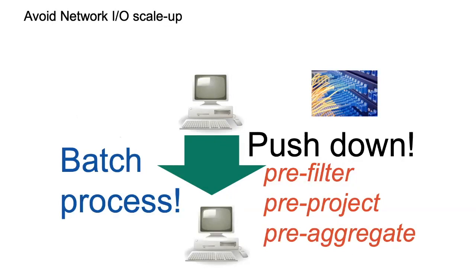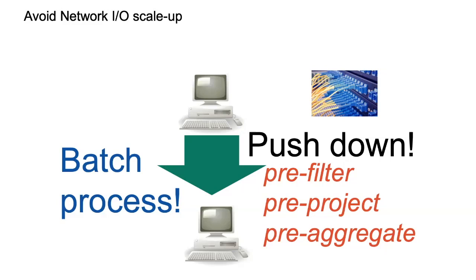How do you avoid network I/O? Well, the trick is to batch process to avoid the network latency. You send fewer packets over the network, but the packets are bigger. So this is very often going to have a nice effect. And the other thing is called push down. What does push down mean? It means that you try to compute and aggregate the data as early as possible.